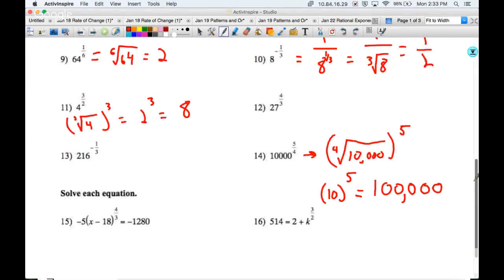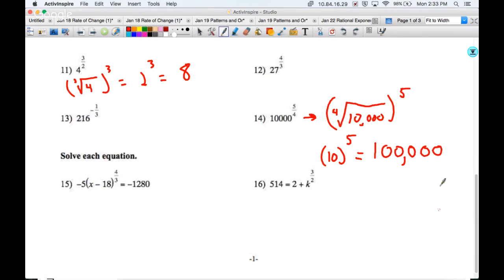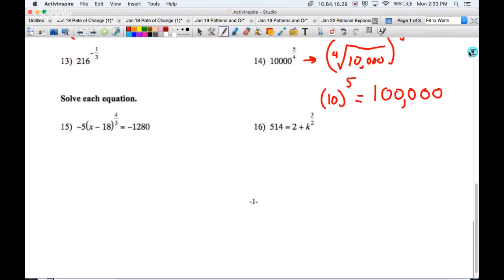All right, solving equations where we've got a rational exponent. We're going to use something called the power to a power property to get rid of our rational exponent. But before we can do that, in problem number 15, we got to get everything moved away from this rational exponent that we can.